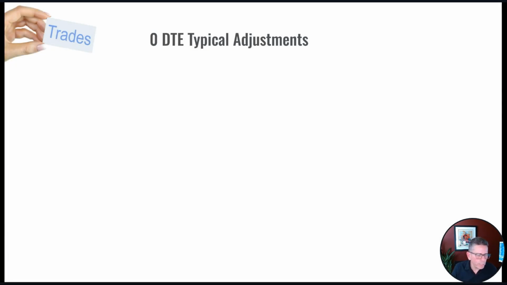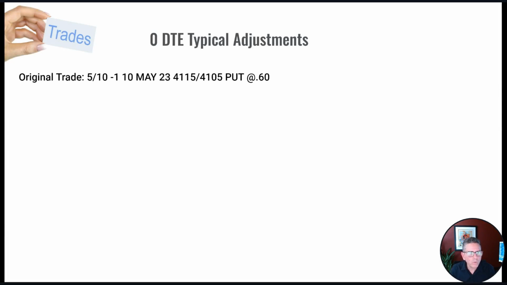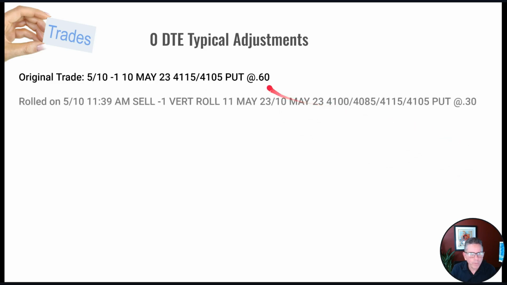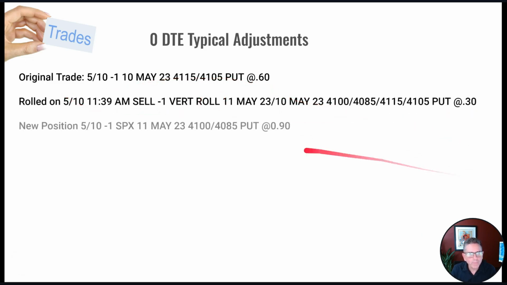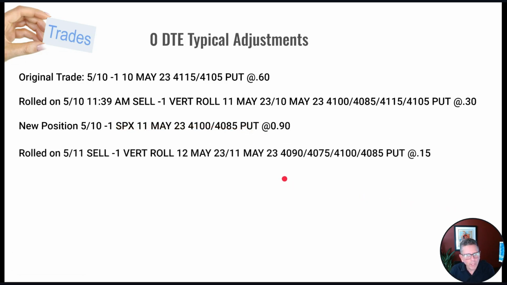All right. And so here's 0DTE typical adjustments. Original trade, 60 cent premium. We did that roll. We got 30 cents. We put on a new position on it. And then we rolled that position, collected 15 cents.